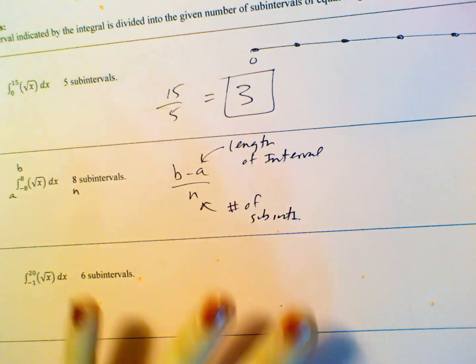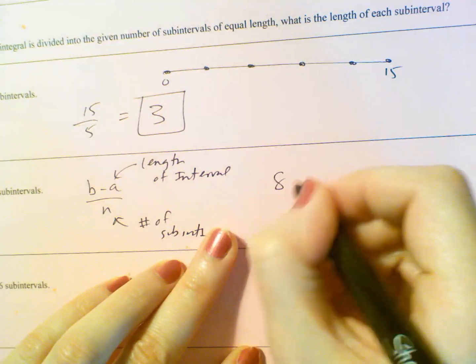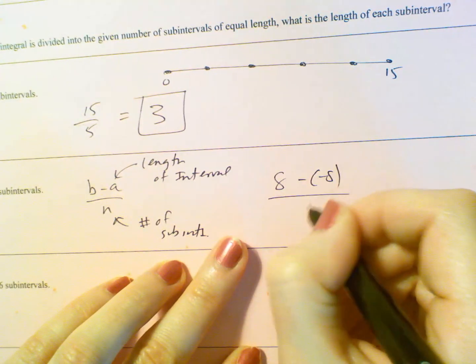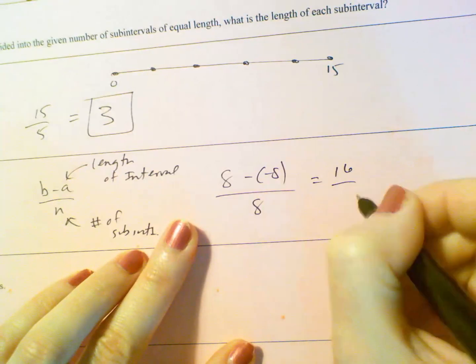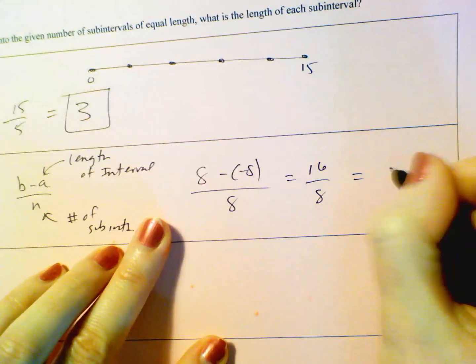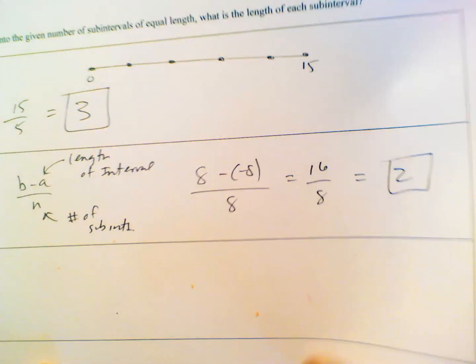So here we would have 8 minus negative 8 over 8. This is 16 over 8. The answer there is 2. So these subintervals would be of length 2 if we had 8 of them.